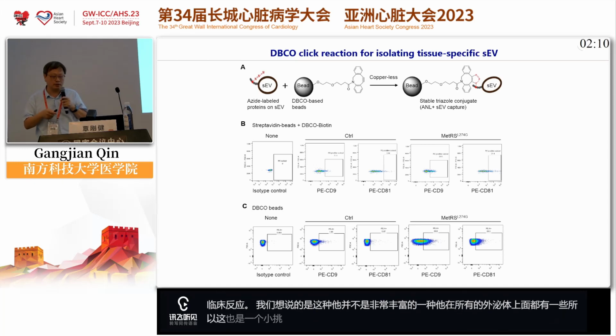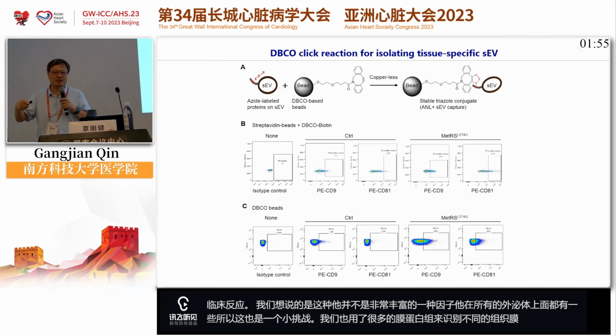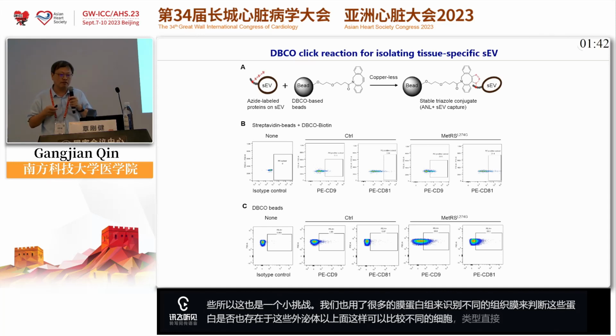We also do a lot of membrane proteomics to identify different tissue membrane proteins, to extrapolate whether these proteins also exist on the exosomes coming from these cells. So we compare different cell-type-derived exosomes to identify them. We have identified some proteins in the cardiomyocyte, a few of them mostly ion channels.